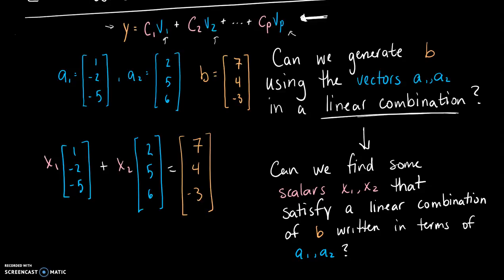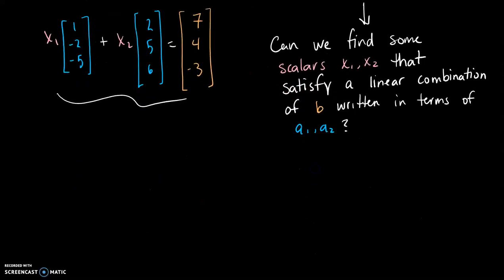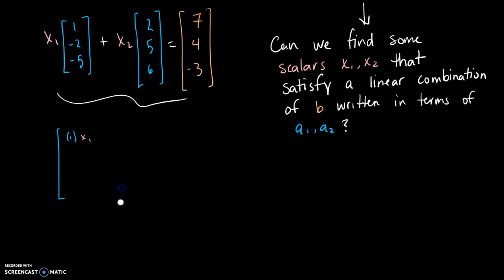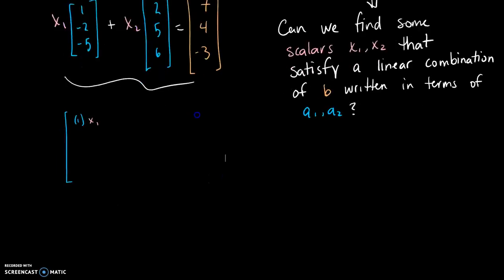Now, right now this question might be a little confusing. You might not know where to go with this. So let's massage what we have right here and see if we can make this look like something we've already seen. How would we simplify this equation? Well, we could distribute the x's into the respective vectors. So now we have 1x1, negative 2x1, and negative 5x1. Remember when we did scalar multiplication, scalars just get distributed across each element.